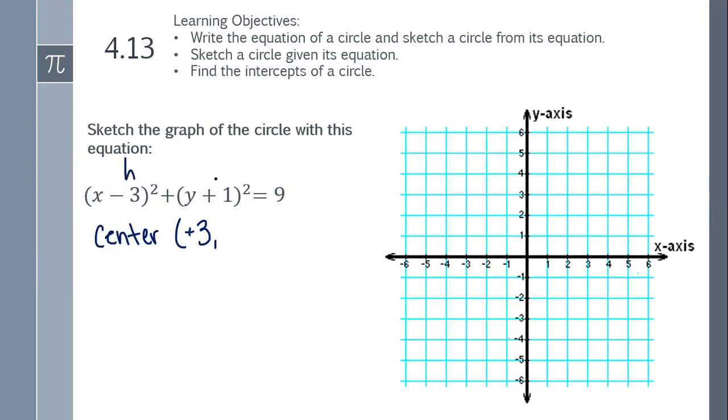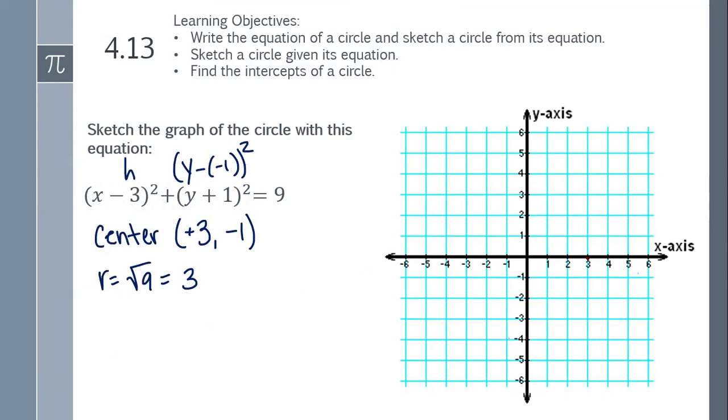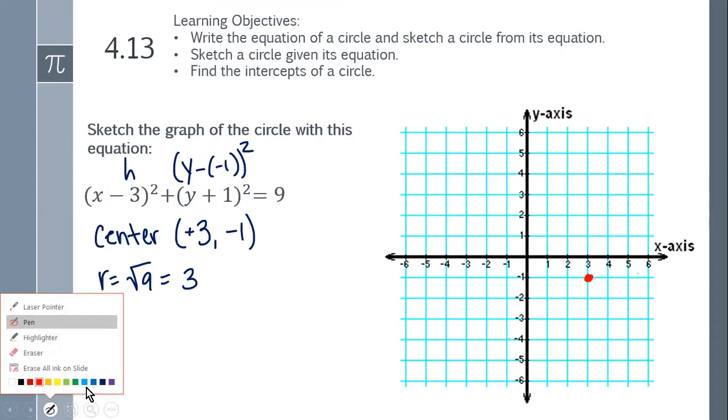So there's my h. My k would be y minus negative 1, so k is negative 1. Again, my radius is the square root of 9, so 3. So plot your center: positive 3, negative 1. Isn't it pretty? From there, it's counting.